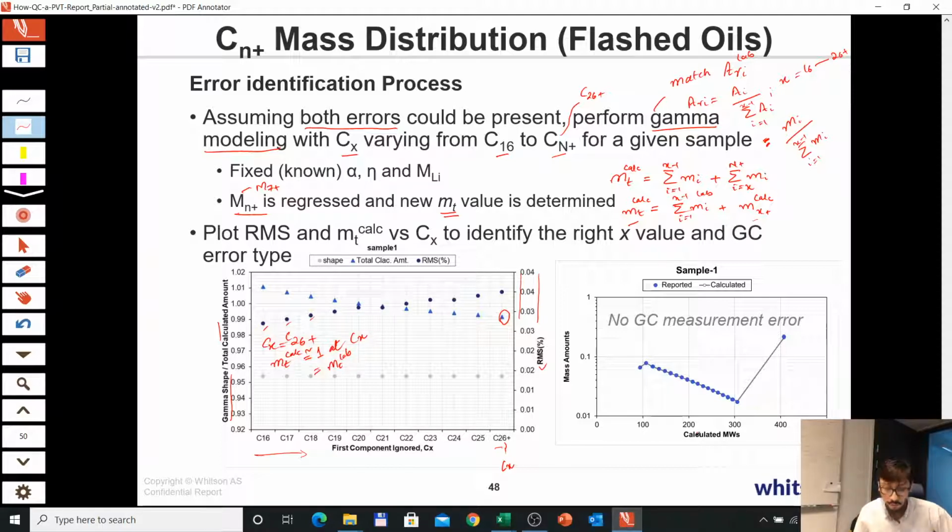You can also use reported molecular weights, whatever you want. But here we are looking at the mismatch between the reported and the calculated masses. And you see that the gamma model is giving you a perfect fit of the lab data. This suggests that there is no gas chromatography measurement error. It's a perfect composition.